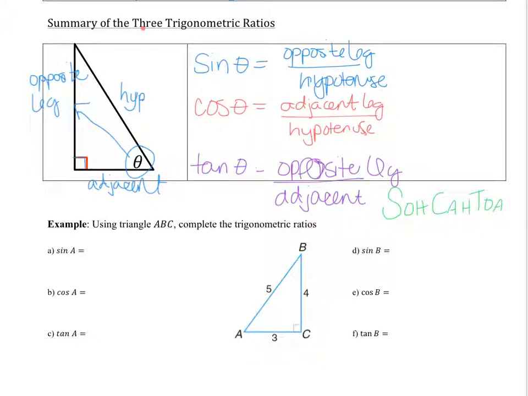So this is the sine. Sine is right here. It's the opposite over the hypotenuse. Cosine is this middle one. It's the adjacent over the hypotenuse. And then you've got tangent there, which is the opposite over the adjacent. So a quick little thing that might help you remember what goes together.